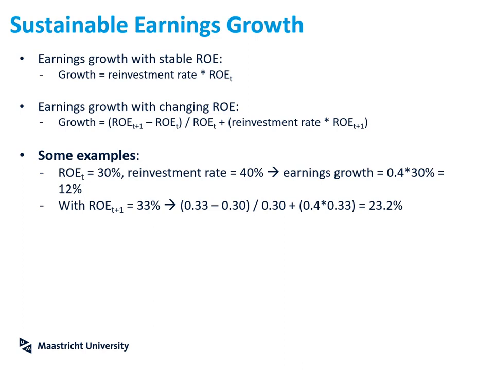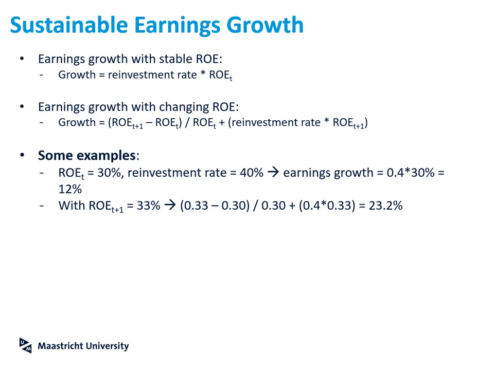When we determine our earnings growth, we have to take into account the growth that we get by reinvesting. That's in this case 0.4, the 40% reinvestment, times the 0.33, which is going to be the ROE that we're going to earn on those new investments. However, if we say that ROE is going to change, we can also assume sometimes that it's going to change for our existing investments.